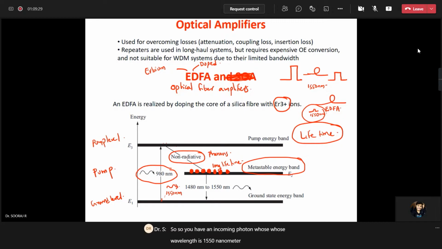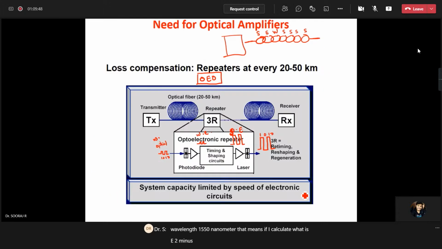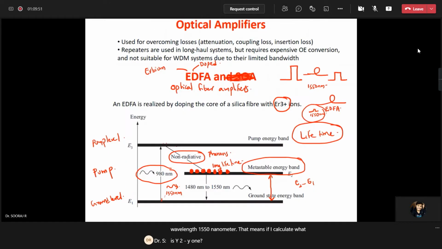Now there is another peculiarity of these erbium atoms. The difference between E2 and E1, this energy separation, corresponds to the wavelength 1550 nanometer. That means E2 minus E1 is equal to h nu, and that h nu corresponds to the wavelength 1550 nanometer.